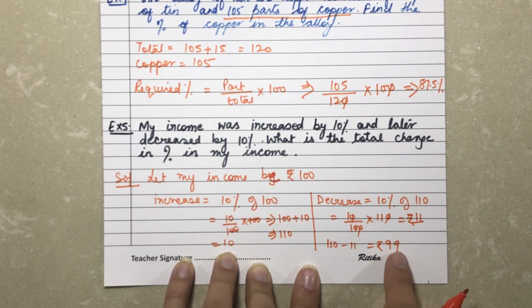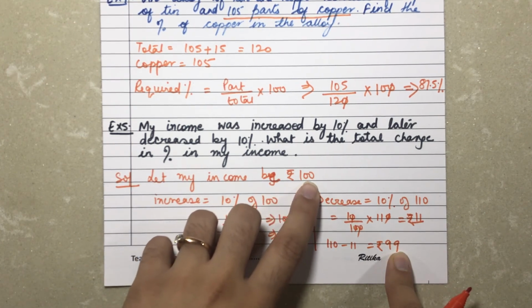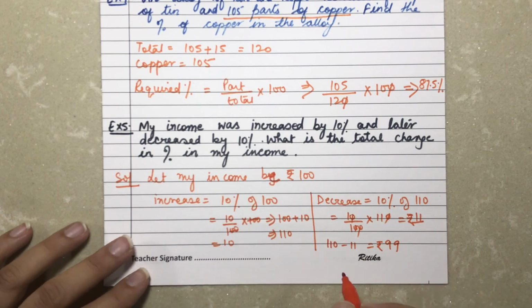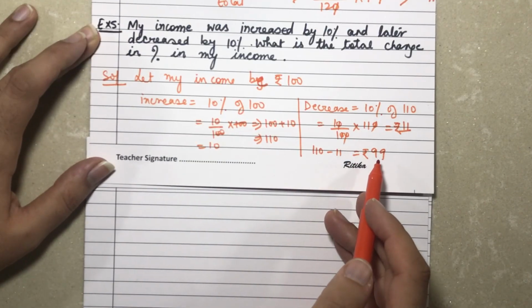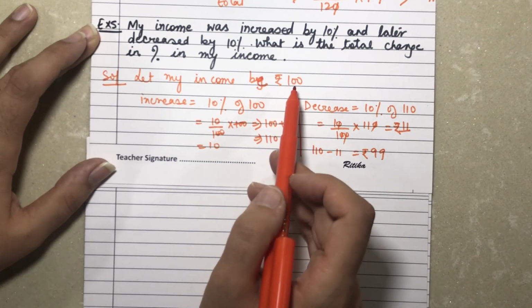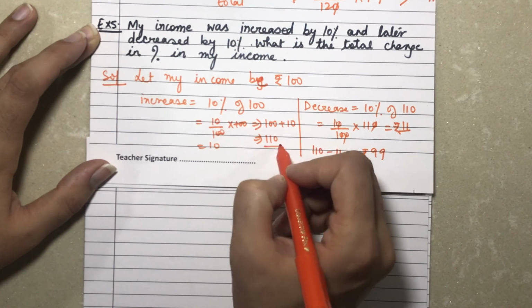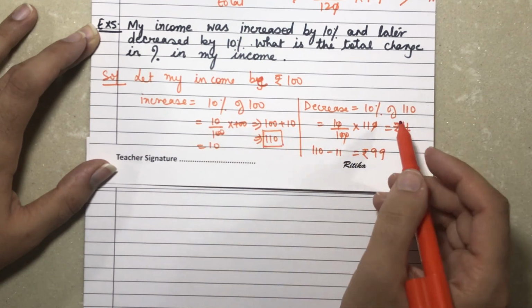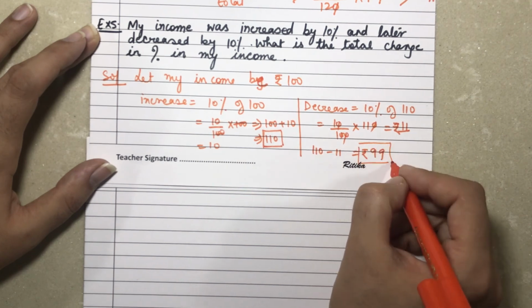So if now my decreased value is rupees 99, my original was 100 rupees, right? So what is my percentage change going to be? So my original value is 100, I increased 10%, I got an increased value of 110 rupees. Then I decreased 10% of 110, then I got a new value of 99 rupees.